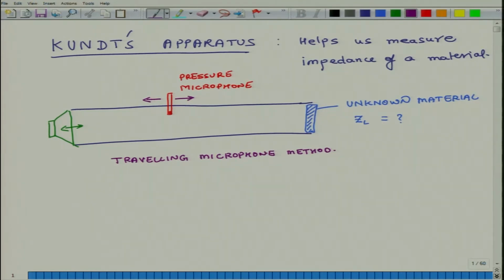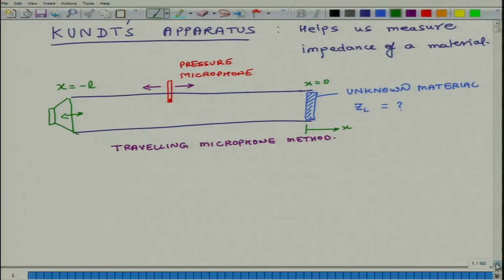And as we have been doing in past, my x axis starts from the closed end of the tube where we have this unknown material. So, x is equal to 0 is at this location, and the tube is L long. At the other end of the tube where I have a loudspeaker, it is x equals minus L. So, we use this apparatus to figure out what is the impedance of the material which I have placed at the end of the tube.